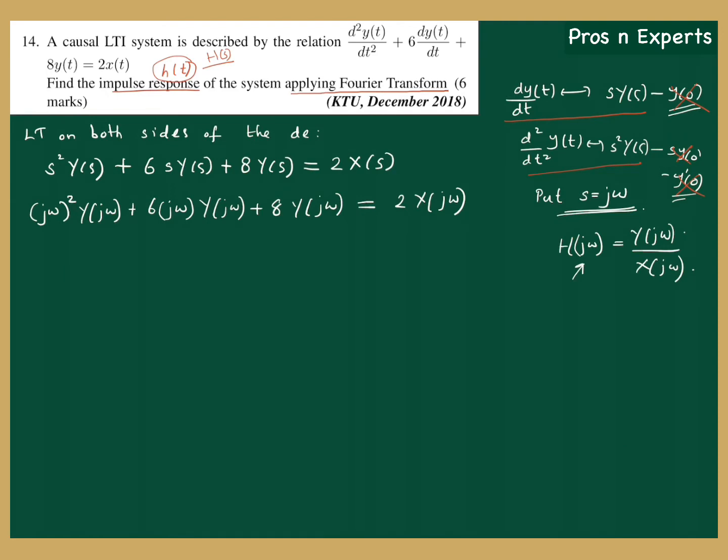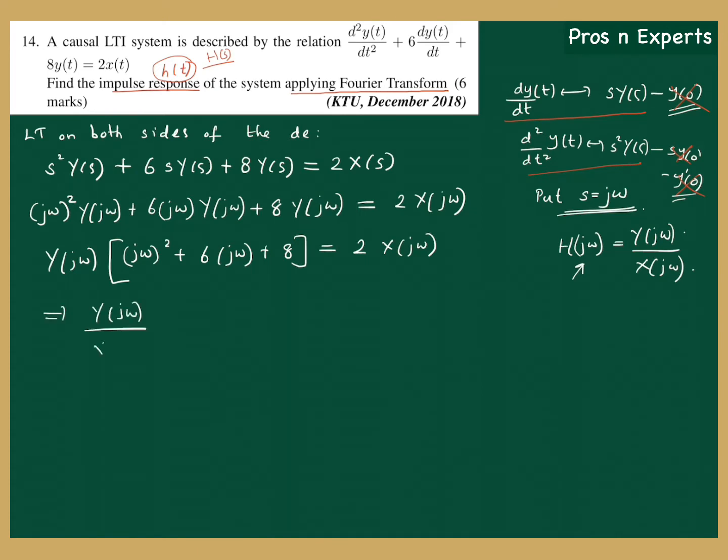So I can consolidate all y of j omega terms as j omega square plus 6 j omega plus 8 is equal to 2 into x of j omega. Now I can easily find out y of j omega by x of j omega, which will give you 2 by j omega square plus 6 into j omega plus 8.